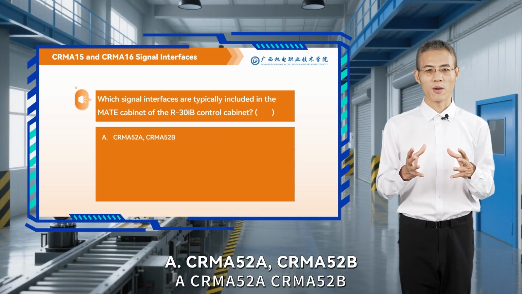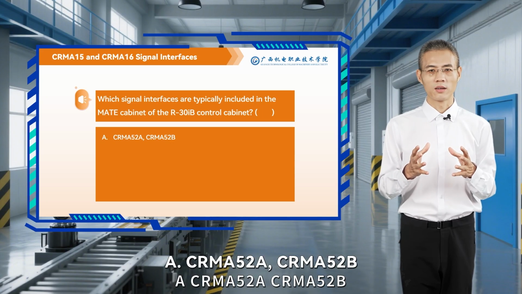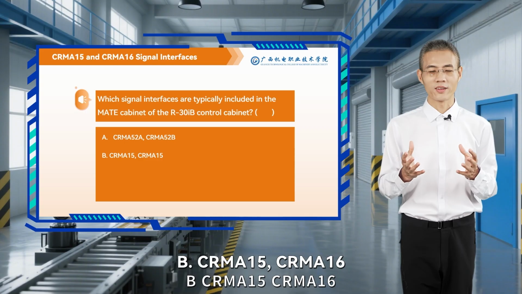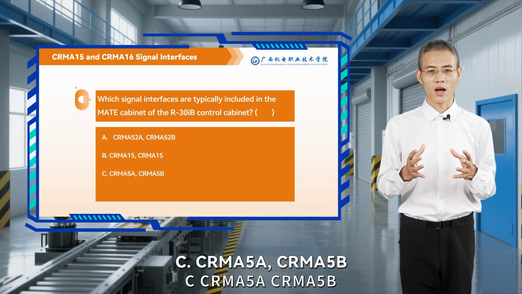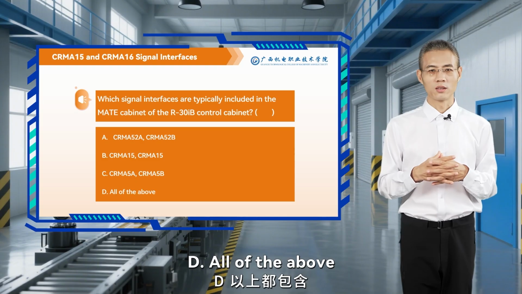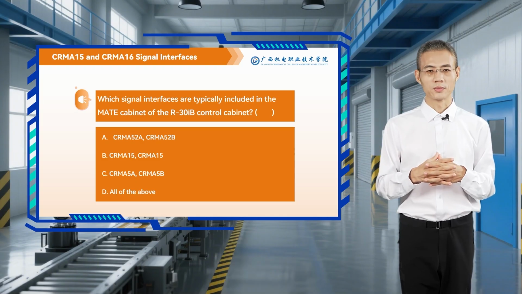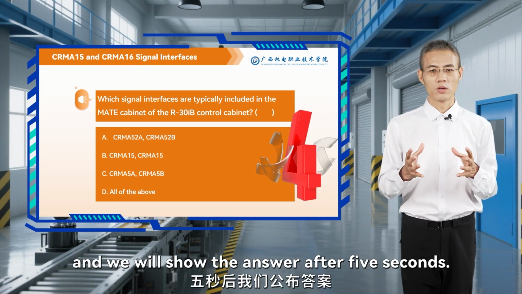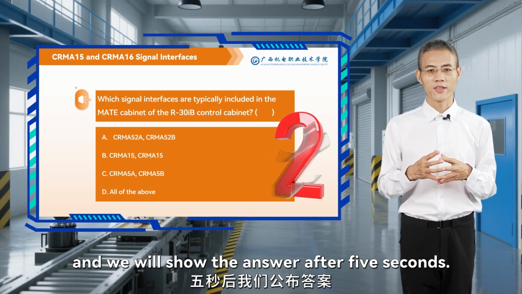A. CRMA52A, CRMA52B. B. CRMA15, CRMA16. C. CRMA5A, CRMA5B. D. All of the above. I will give you 5 seconds to think and will show the answer after 5 seconds.